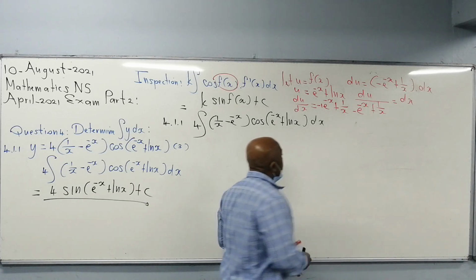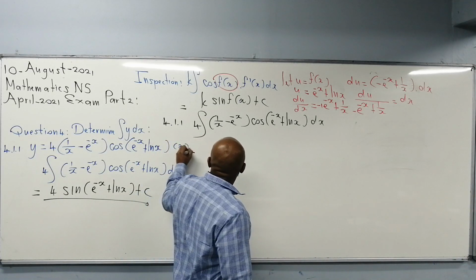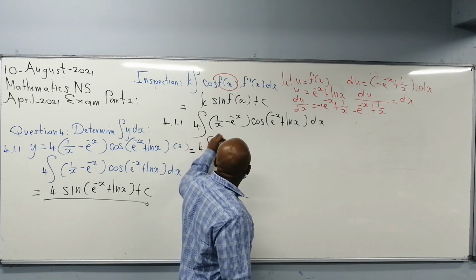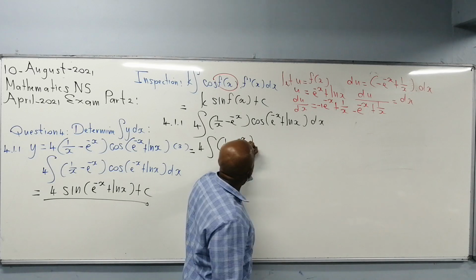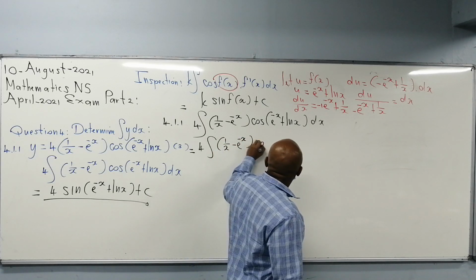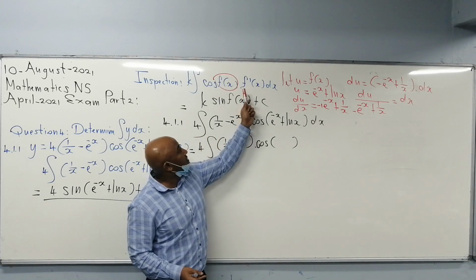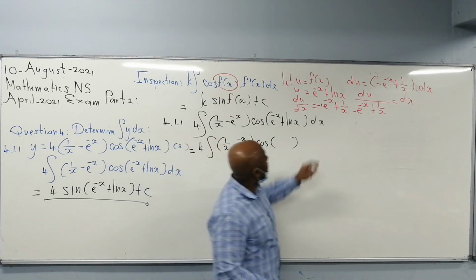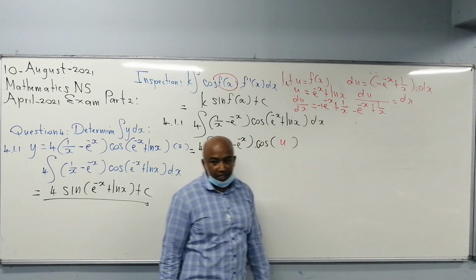Now you can see what cancels. So this is equal to 4 times the integral. I got my 1 over x minus e to the power minus x. Then I have cos of f of x. Now it's cos of f of x, but what is my f of x? It's now replaced with u. You can see that.